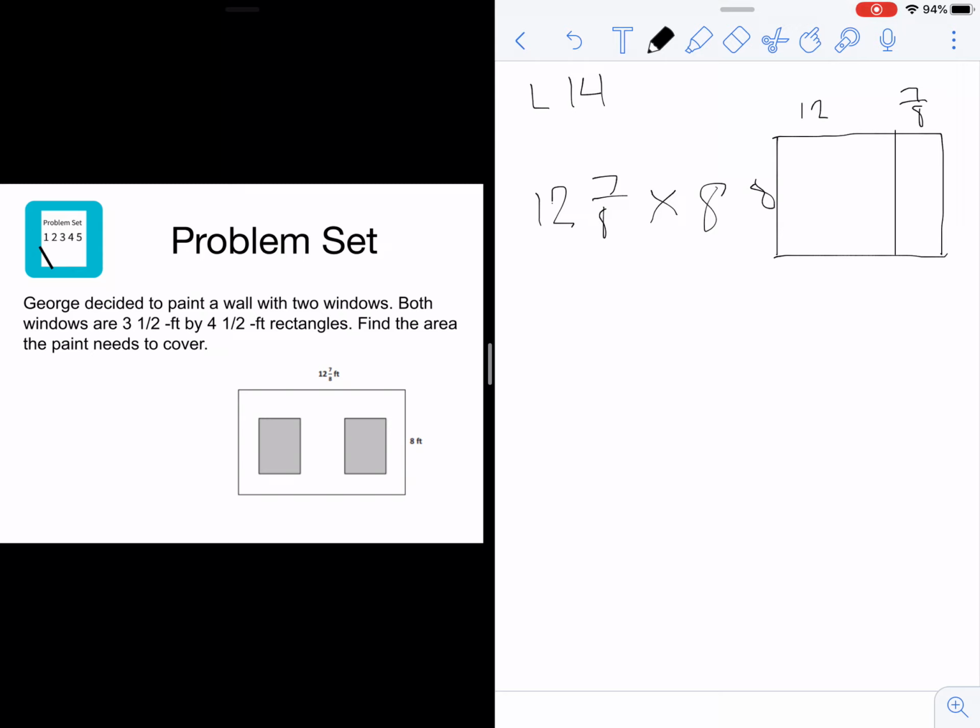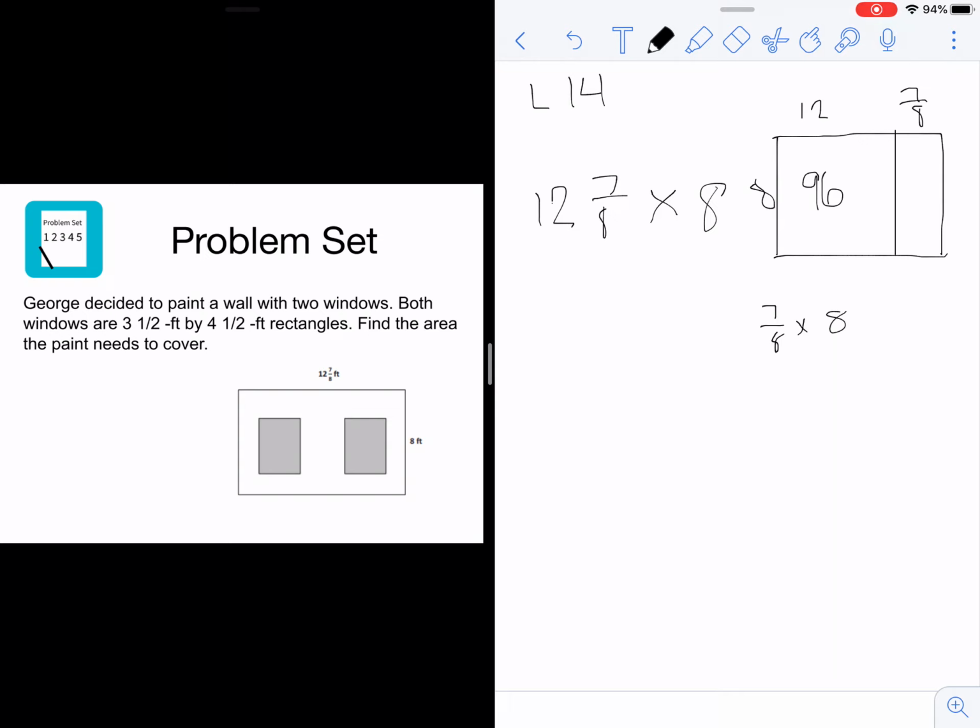So we multiply 12 times 8, 96, and 7/8 times 8. 7/8 times 8 is the same as 7 times 8 over 8.